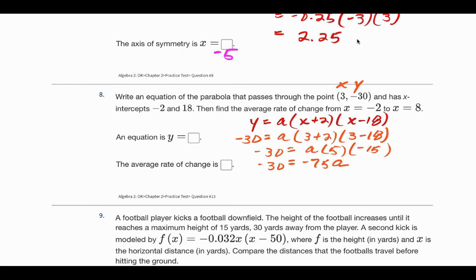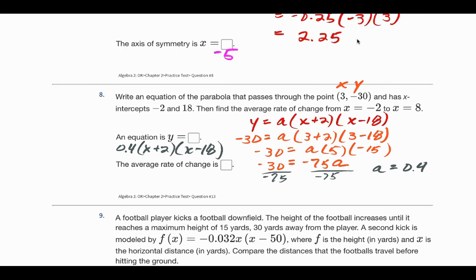So then we're going to divide both sides by negative 75. And that'll give us that our a is equal to 4/10. All right, so our equation then is y equals 4/10 times x plus 2 and x minus 18.